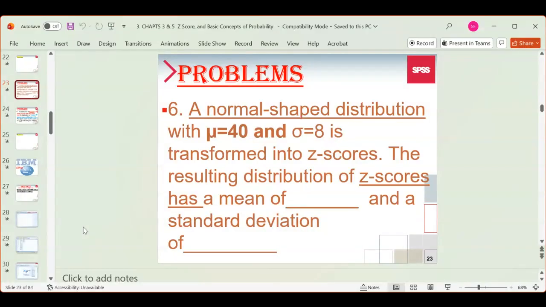Just like the IQ I showed you, if the mean was 100, then the z is 0. On the same token, it says this distribution has a standard deviation of 8. What would be the standard deviation for the z-score? 1, always. Again, if this was an IQ test, the standard deviation on top would be 15. What would be the standard deviation for the z-score?